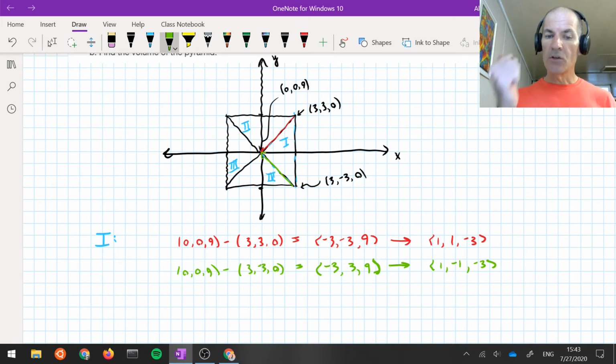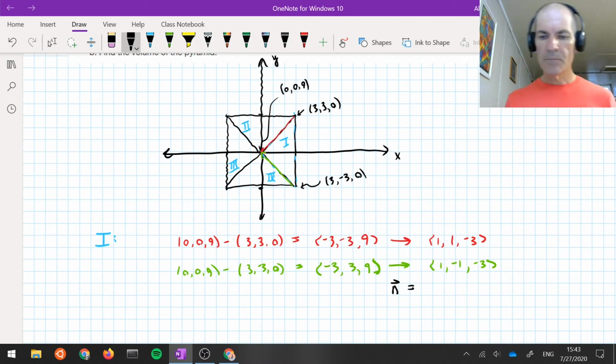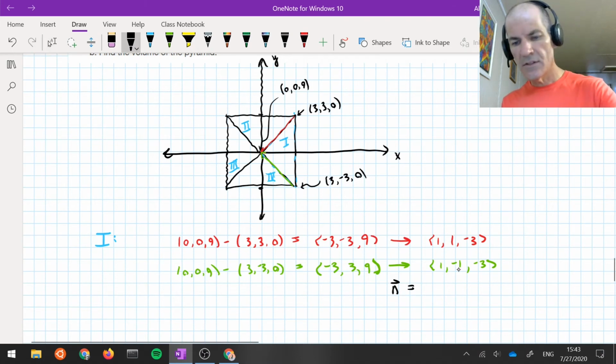How do we find the normal vector? You guessed it, cross product. So let's compute the cross product. This will be the normal vector to the plane. And we'll blot out the first column and do negative 3, minus 3, so that's negative 6.